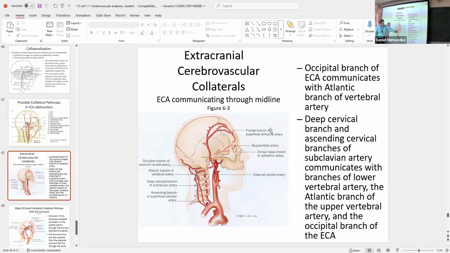So if we have blockage or stenosis within the vertebral, there are additional branches that come off the subclavian. We have a deep cervical branch, a semi-cervical branch. Again, cervical artery, think cervical spine.